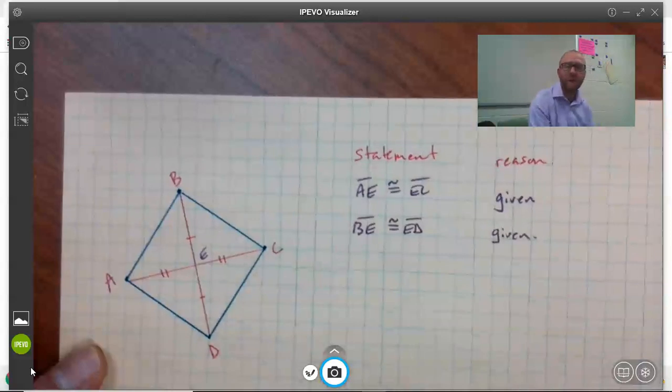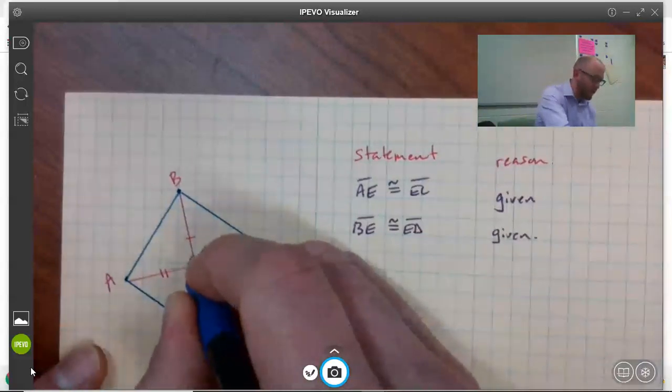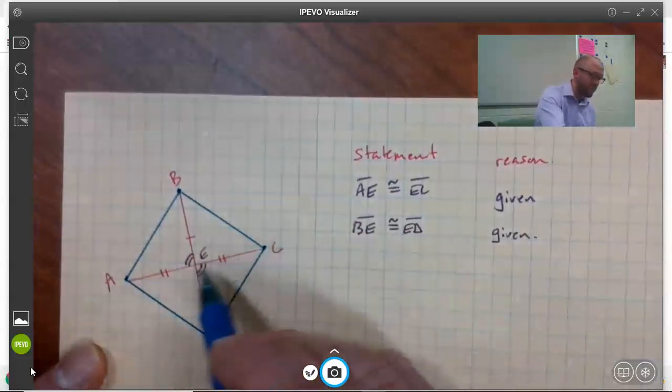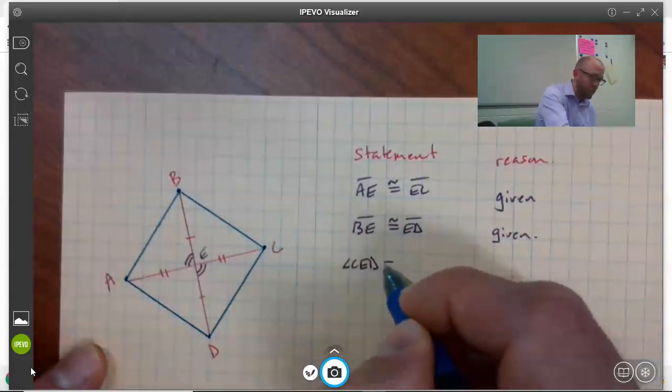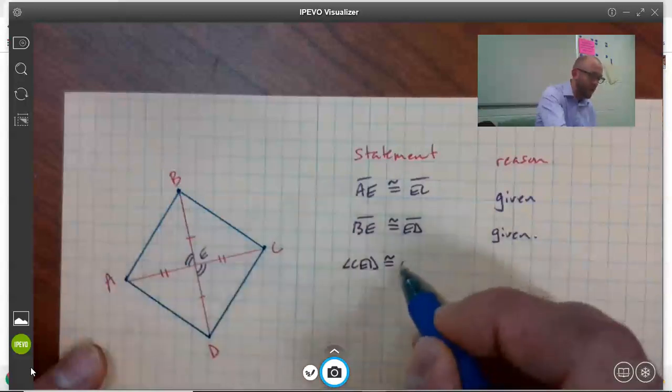Okay. Now we need this extra little fact here that these two angles here, that those are also congruent. So we're going to say angle CED is congruent to angle BEA.